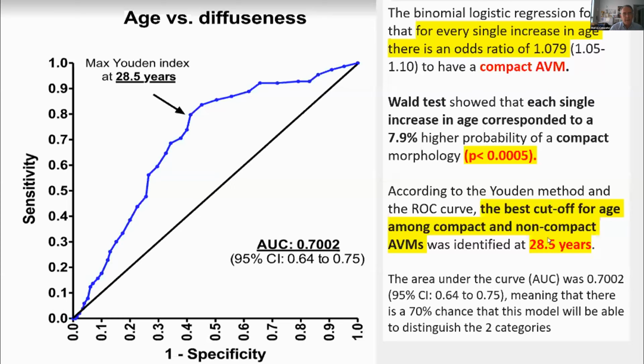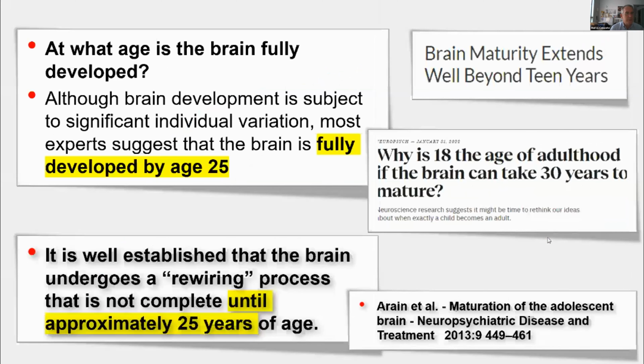Probably there is some literature, I don't know how reliable and what the relation is, but the maturation of the brain seems to end at an age much higher than the classical 18 years old. So probably there is an evolution of the brain until the age of 25.